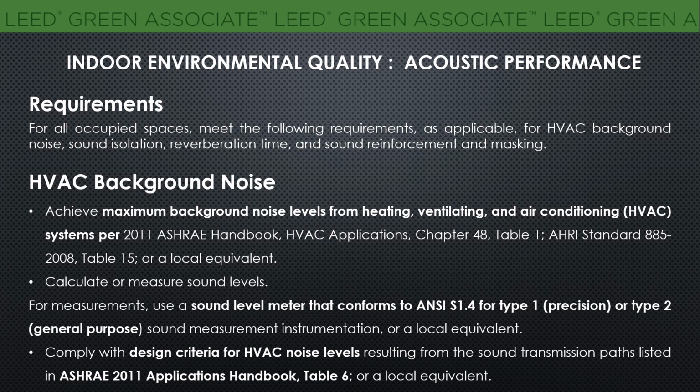For measurements, use a sound level meter that conforms to ANSI S1.4 for type 1 precision or type 2, that is for general purpose sound measurement instrumentation, or again a local equivalent. Then comply with design criteria for HVAC noise levels resulting from the sound transmission path listed in the ASHRAE 2011 Applications Handbook, Table 6, or a local equivalent.